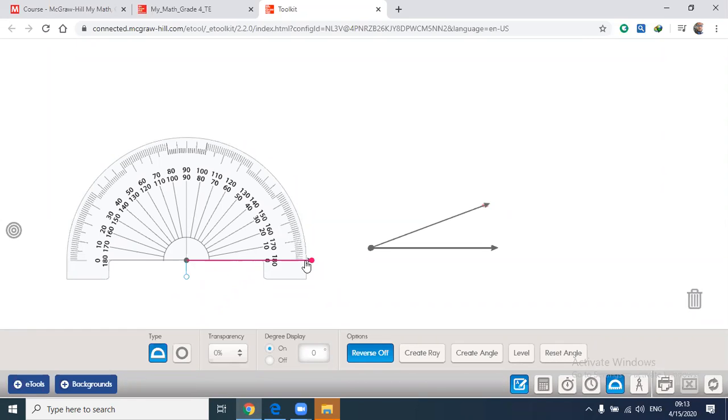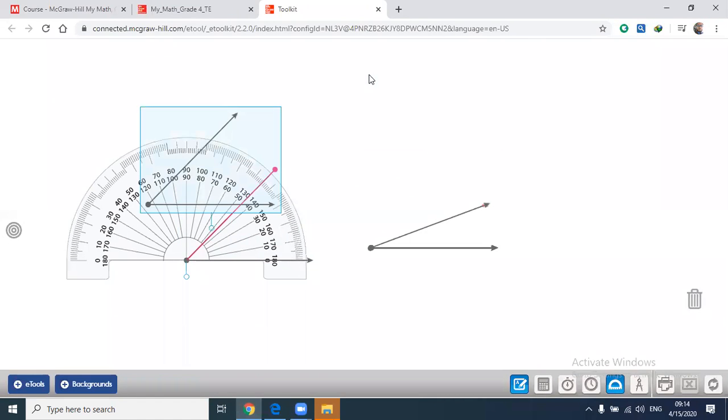Help me. 10, 20, 30, 40. Where's 45? In the middle between 40 and 50. So this one will be 45. Excellent. So now I have an angle with measure 45.